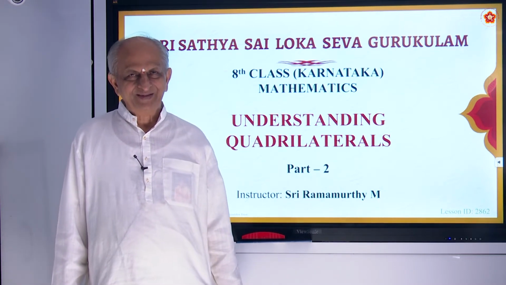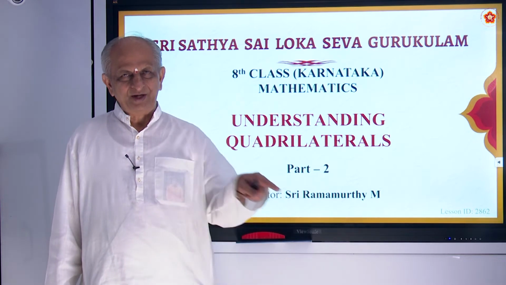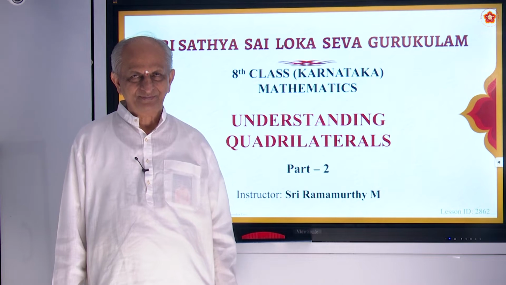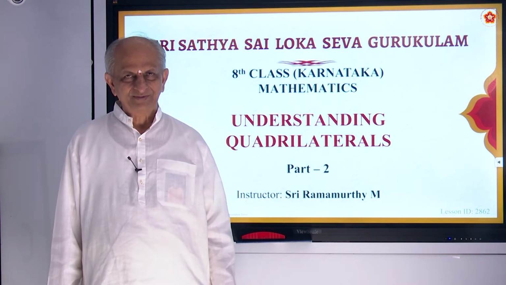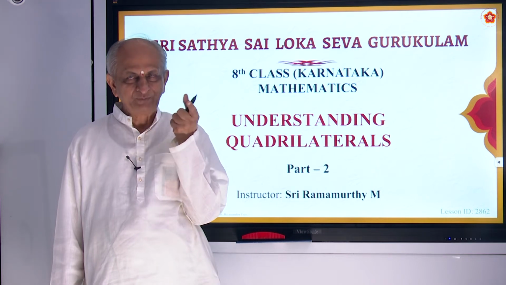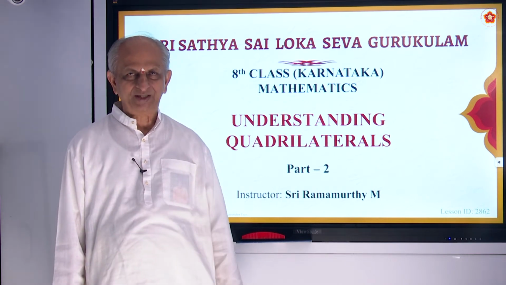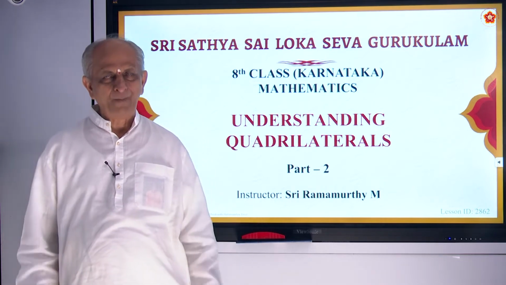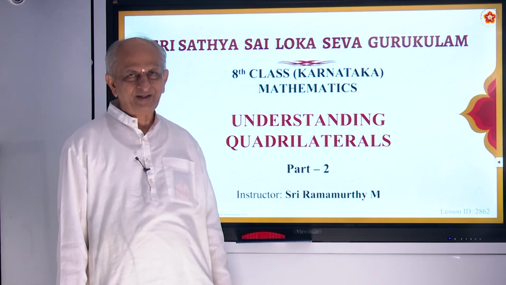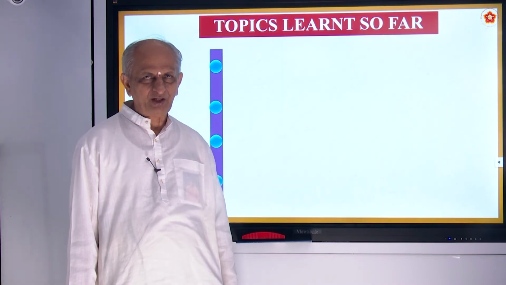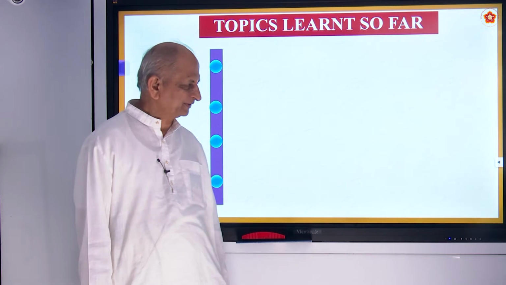For example, the top of the table is a rectangle, is it not? The windows, they are also rectangles, some will be square also. So like that, make a list of all the quadrilaterals available in your home. Okay, come prepared, right?